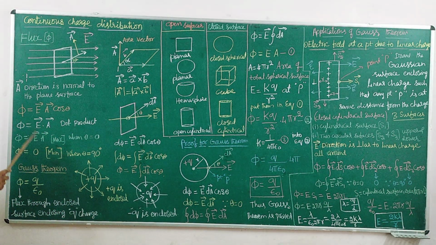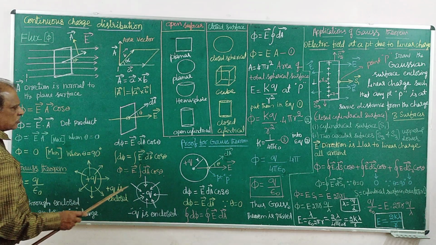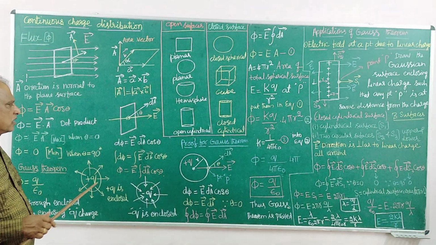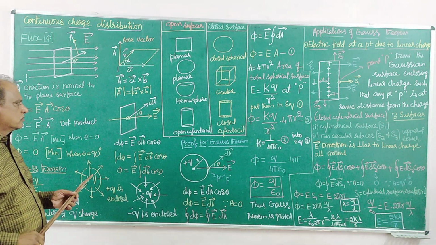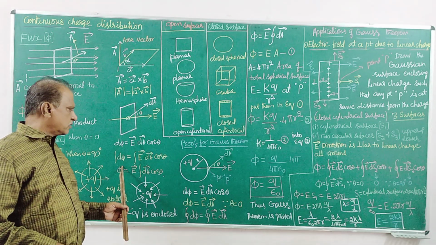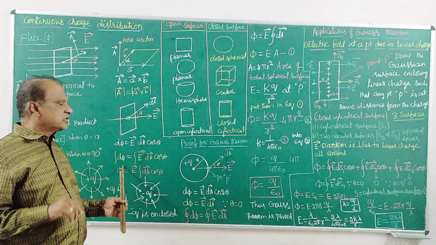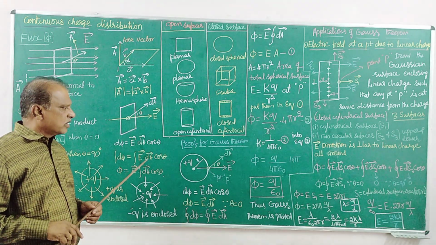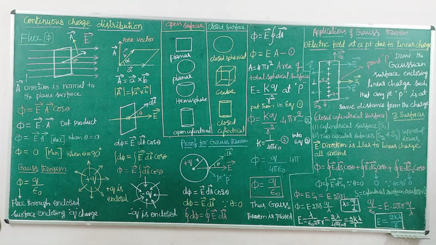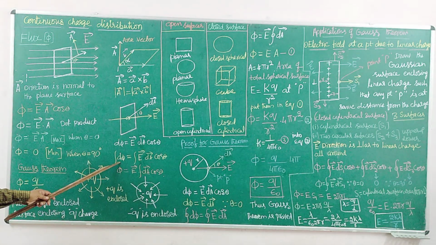Why do we represent differential equations? Because this is what we usually commence with for derivations. Derivation always commences with the differential equation and ends up at the integral form. That is why the differential equation is also important.